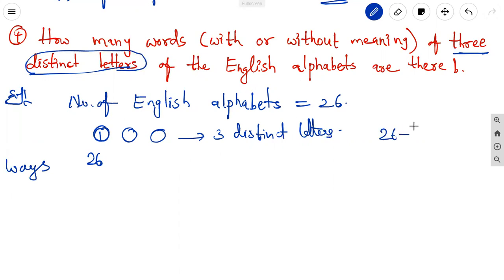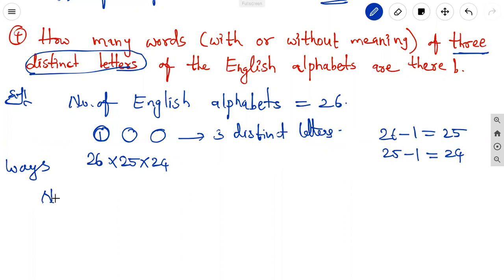In the 26, one is used, so remaining are 25. In the second place we use 25 ways. Of those, one is used in the second place, so the remaining 24 are used in the third place. So that gives the 3 distinct letters.